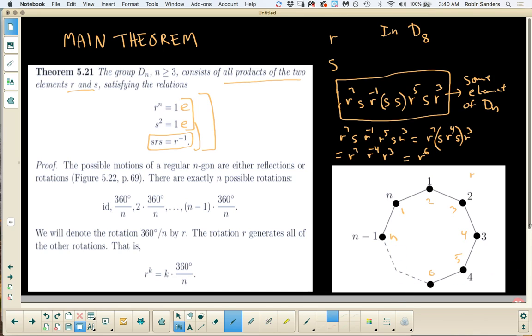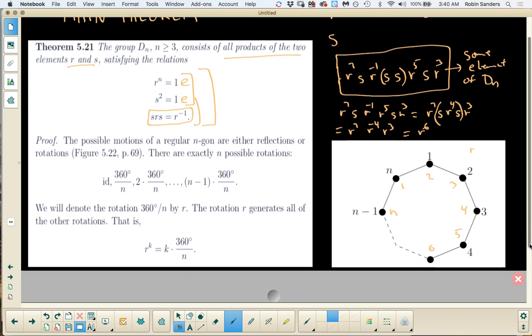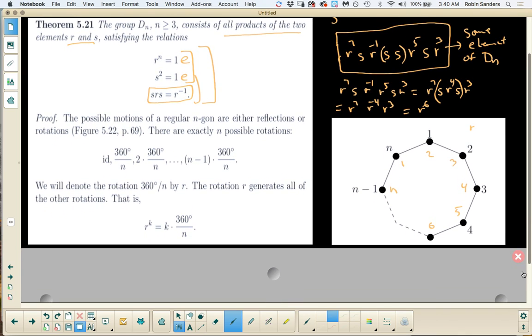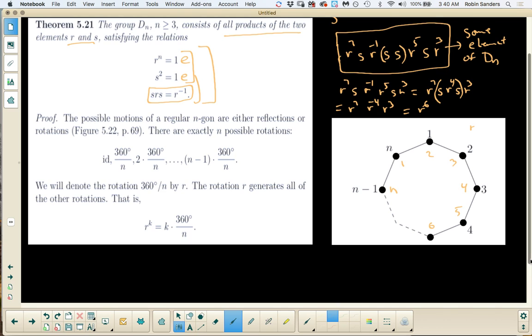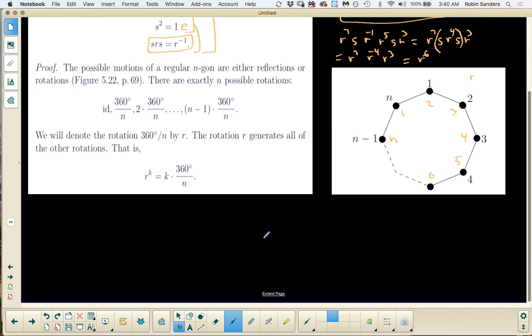What we want to notice, and this was in the last video, is that if I have one of these other rotations, that rotation that is written as k times 360 degrees divided by n basically represents k steps in the counterclockwise direction.